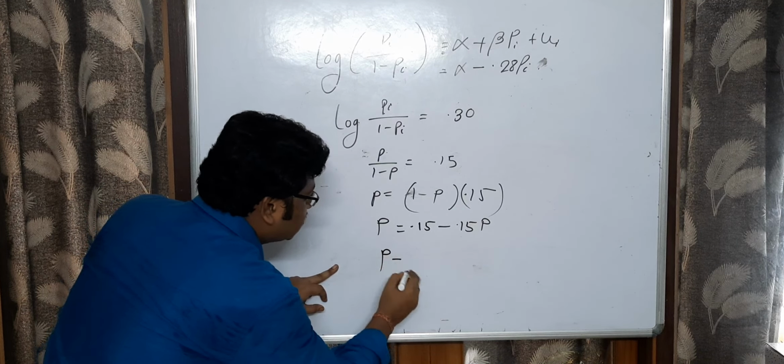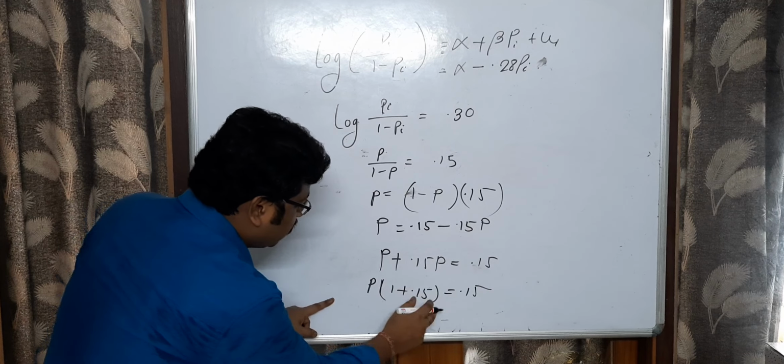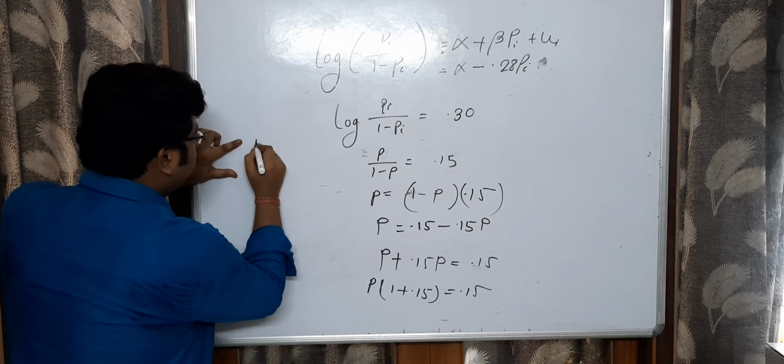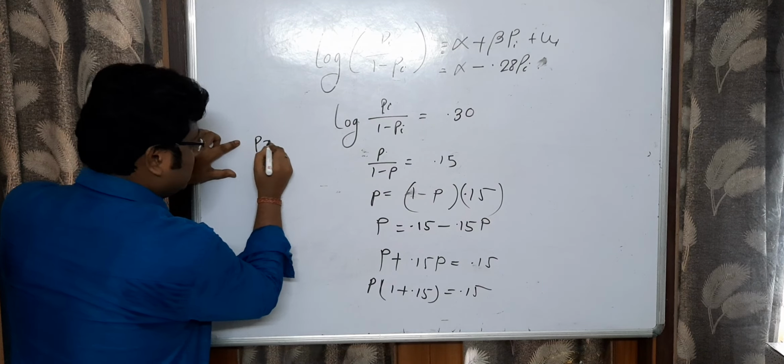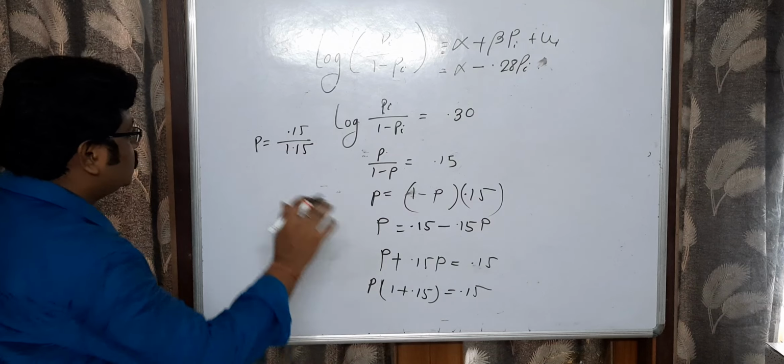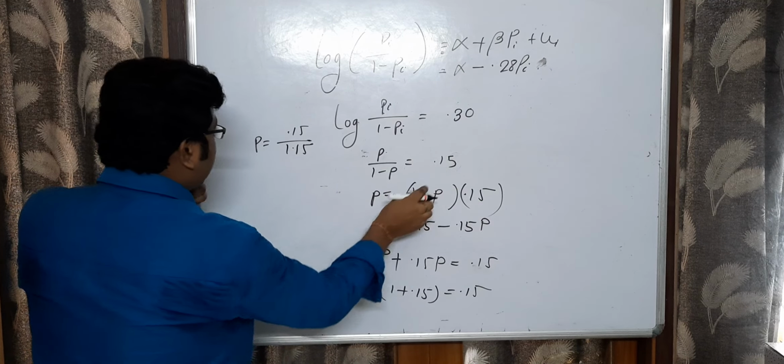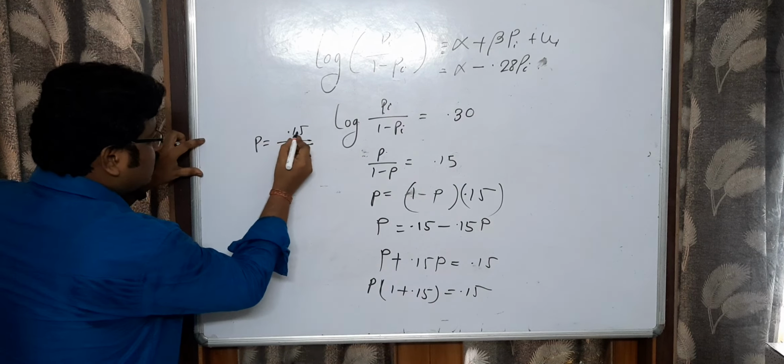So P times 1.15 equals 0.15, so P equals 0.15 over 1.15. This number is assumed for calculation, so it is not a real calculated number. So 0.15 over 1.15, and I can cancel the decimal, so 15 divided by 115.